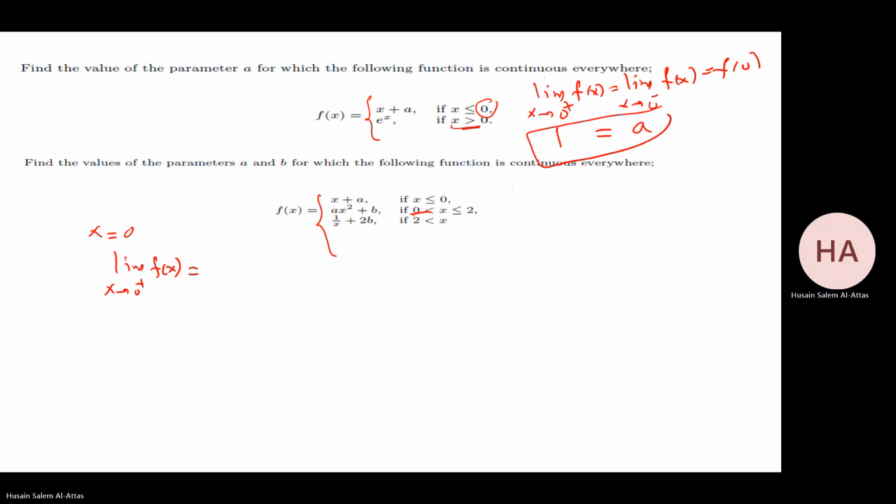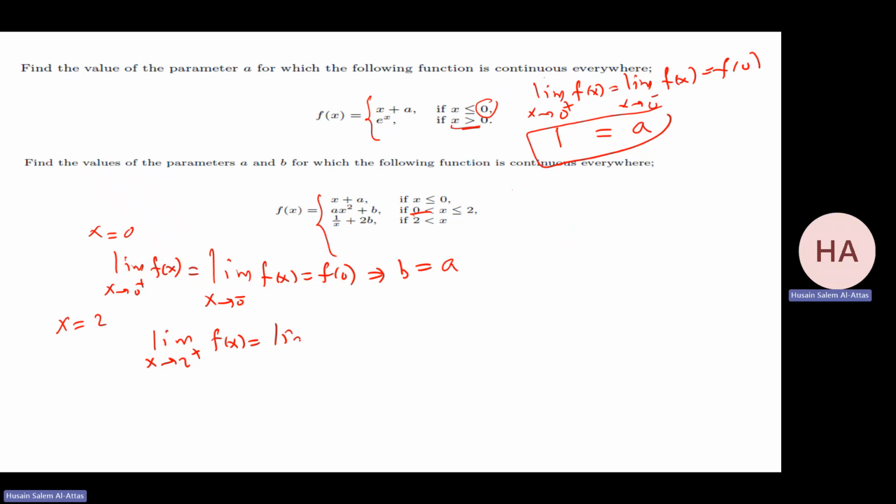We do it this way. The limit as x goes to 0 from left equals f at 0, which gives an equation: b from left substituting here is equal to a. X equal 2. Check the limit as x goes to 2 from right and the limit as x goes to 2 from left equal f at 2. Here from the right you get half plus 2b, from the left you get 4a plus b.